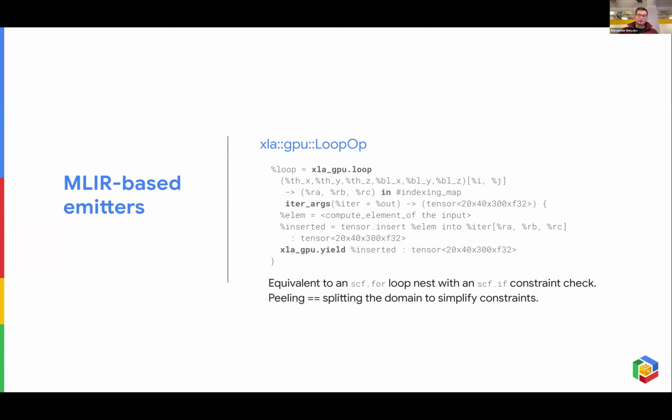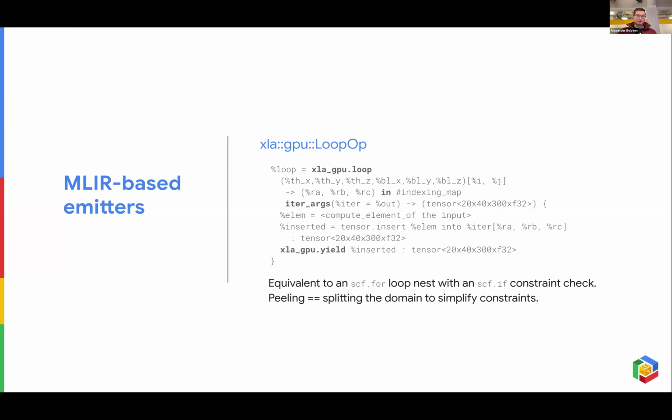Also, we have another layer of abstraction, which is xla_gpu.loop. It is equivalent to an SCF loop nest with an in-bound check for the constraints of the indexing map. It's useful because we can do peeling. Once you have an xla_gpu.loop, you can analyze the indexing map that it iterates over, and if it has some constraints, you can try to adjust the ranges and split the domain into two domains.